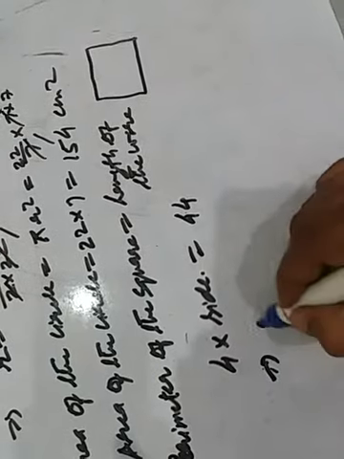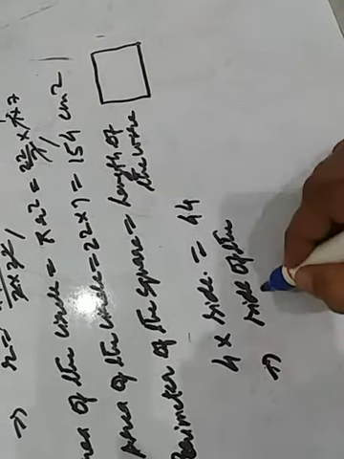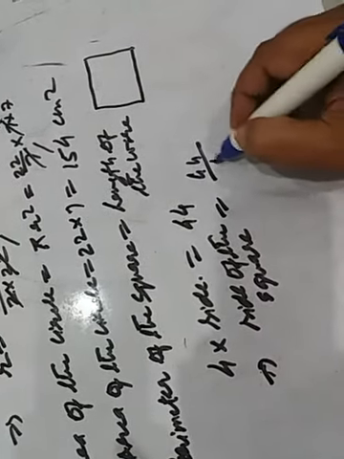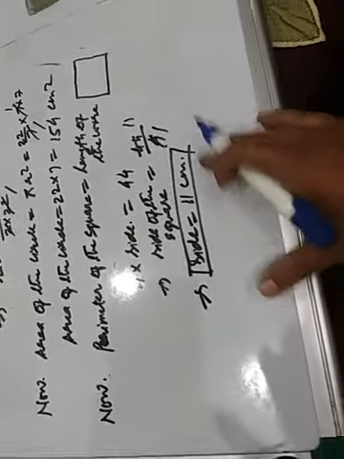This implies that side of the square equal to 44 divided by 4, 4 elevens are 44. This implies that side equal to 11 centimeter. Clear, children? Side of the square is 11 centimeter.